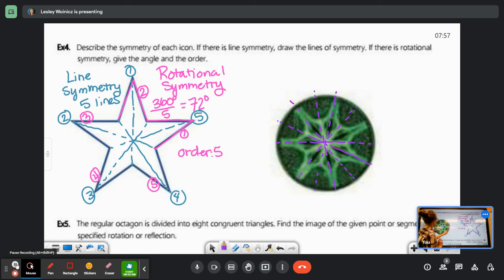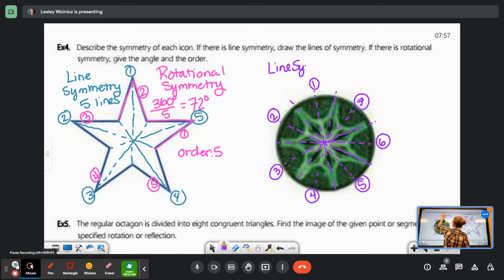There. And there. Okay, so that was 1, 2, 3, 4, 5, 6, 7. I'm not going to count this one because it's already number 4. So we do have line symmetry. We have 7 lines.